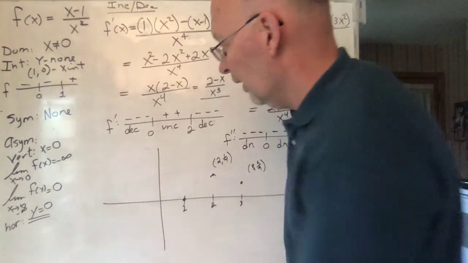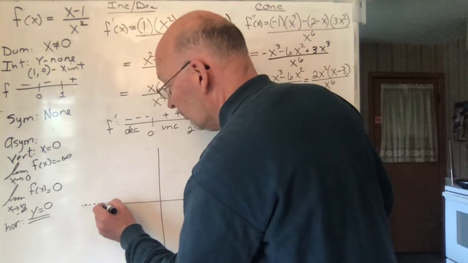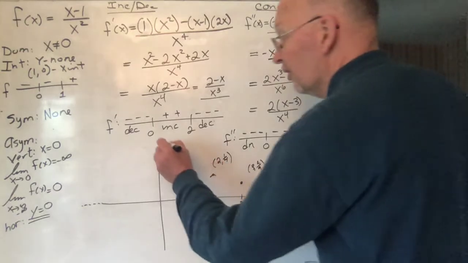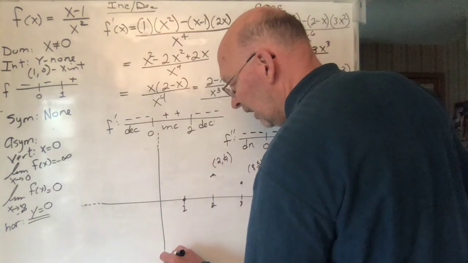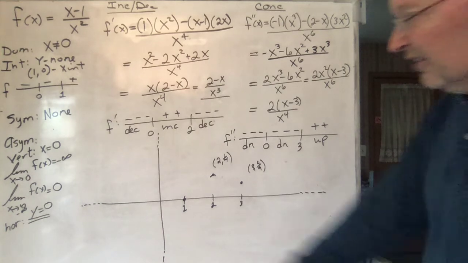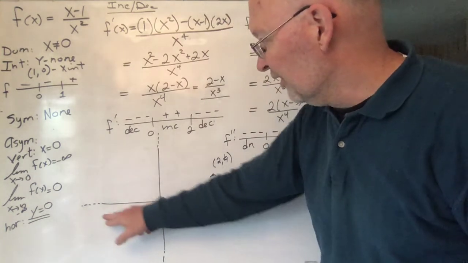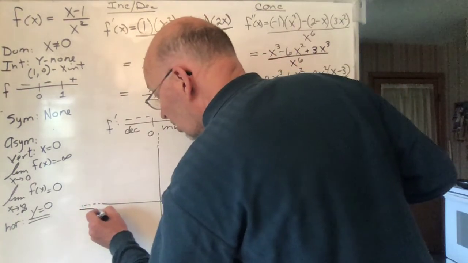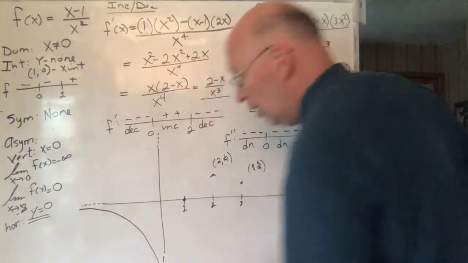Oh, I also like to do this. It's got an asymptote along the x-axis, which is y equals 0. It's also got an asymptote right there. So I put little dots there just to remind me those are asymptotes. It's decreasing and it's concave down. So that doesn't give you much choice. It's going to look like that.